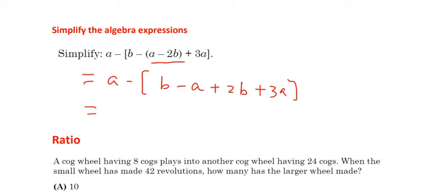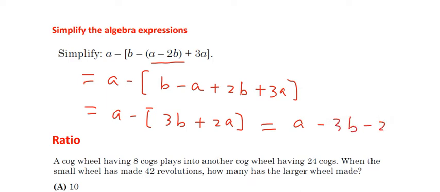So this equals a minus, and we put b together, we put a together. So b is 3b, a is 2a, right? Okay, so then this one we change to a minus 3b minus 2a. So we find this equals negative a minus 3b.